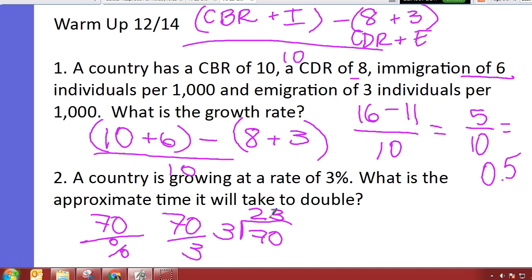Yesterday we also talked about total fertility rate. What is that? Total fertility rate. In her lifetime, right?